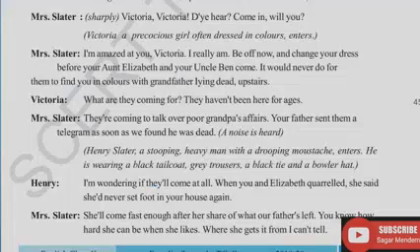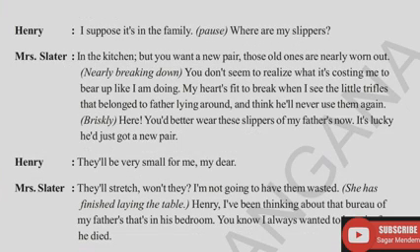So the sister was very confident, because she will come, and she will come fast, even for her share of what our father left. "Now you know how hard she can be when she likes. Where she gets it from, I can't tell." Henry was saying, "I suppose it is in the family.